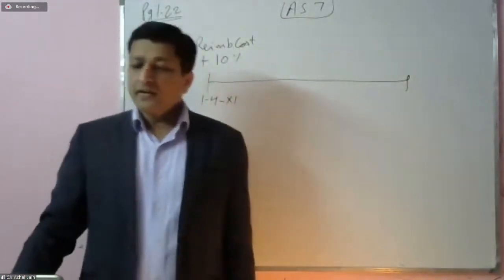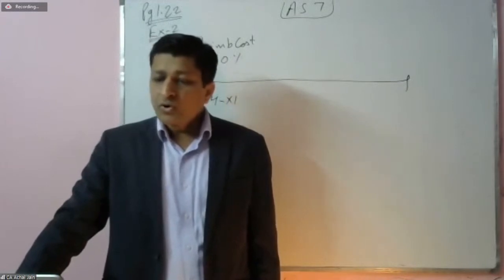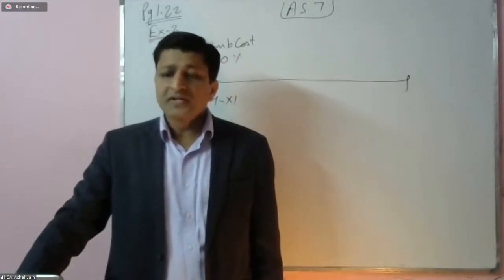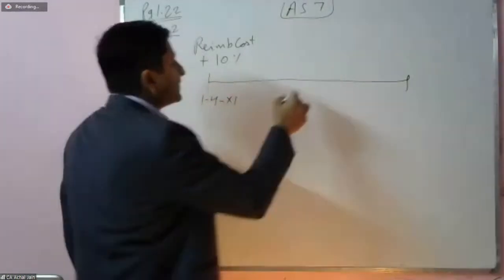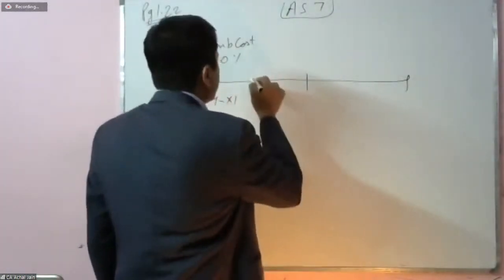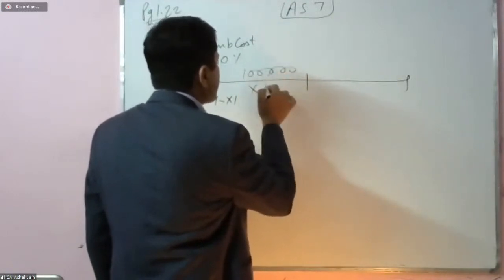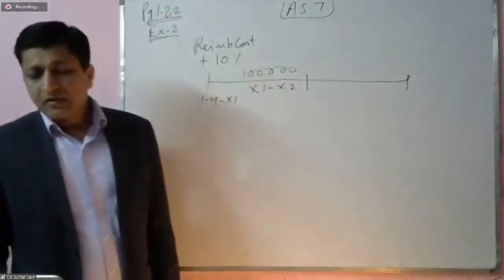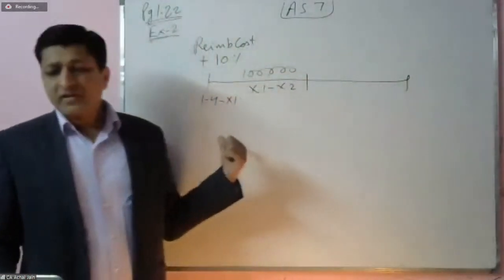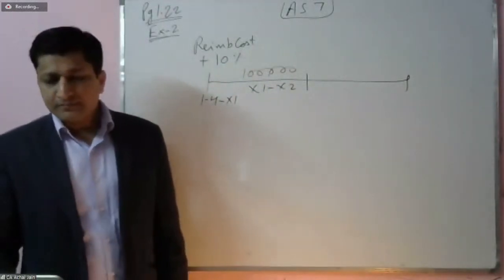The company incurred 1 lakh in X1, X2, of which cost of rupees 90,000 is reimbursable. So the company incurred 1 lakh in this particular financial year, X1, X2. Out of this cost which has been incurred, cost of rupees 90,000 is reimbursable.